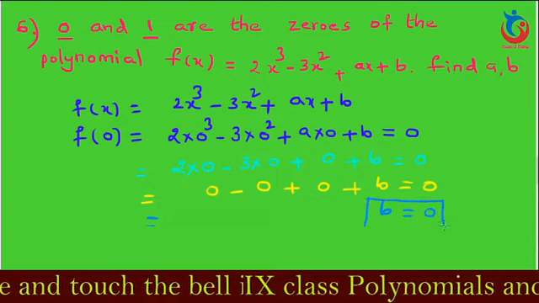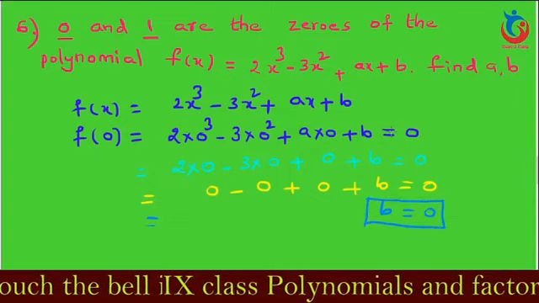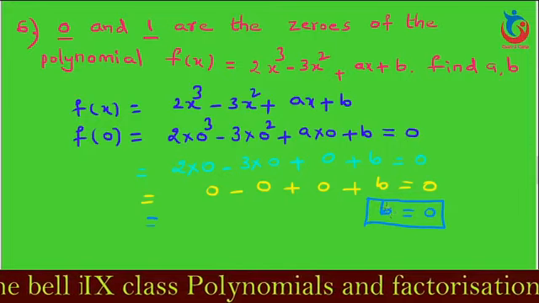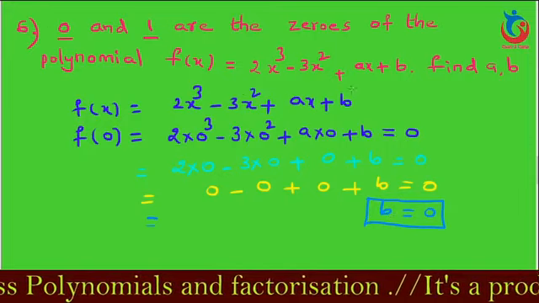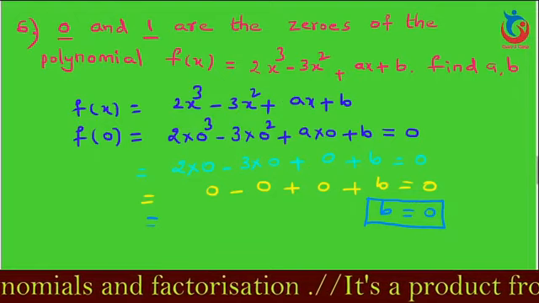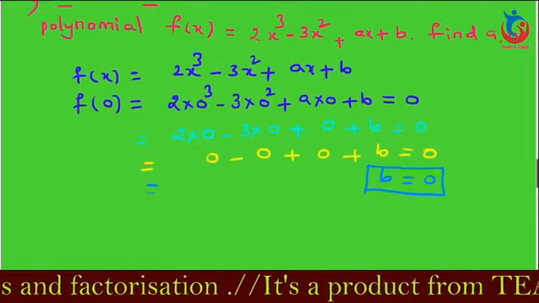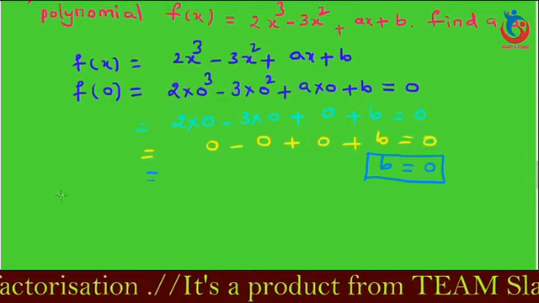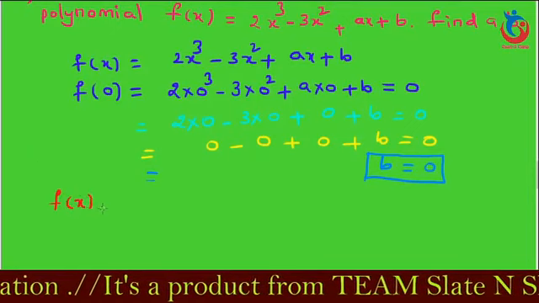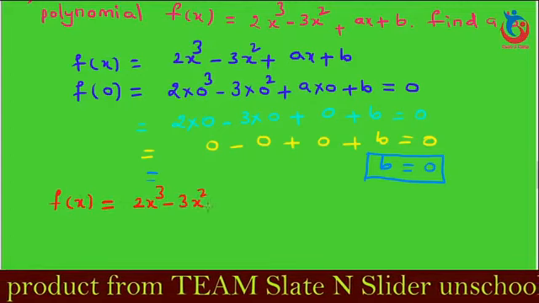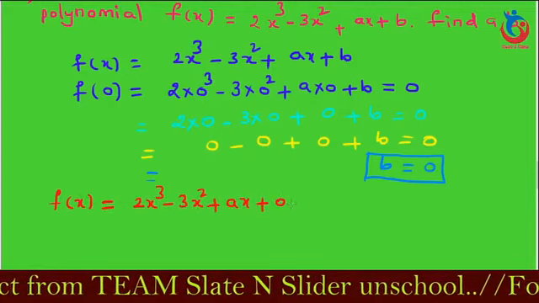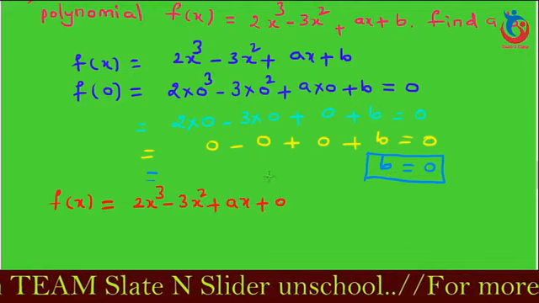Yes, we have found one value for b. So by substituting b is equal to 0 in that polynomial, we get f of x is equal to 2x cube minus 3x square plus ax plus 0. So I am substituting b is equal to 0.